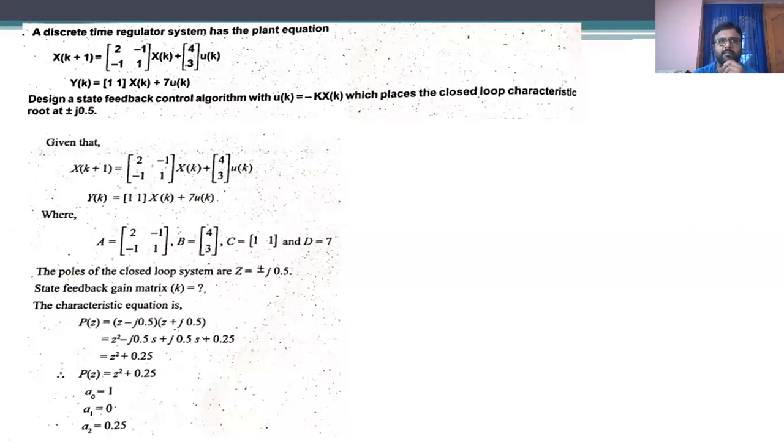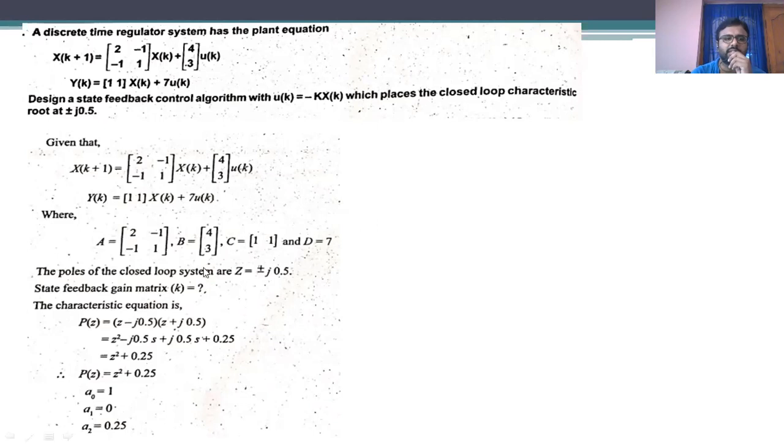We need to determine the state feedback gain matrix with the closed loop roots at plus or minus j 0.5.